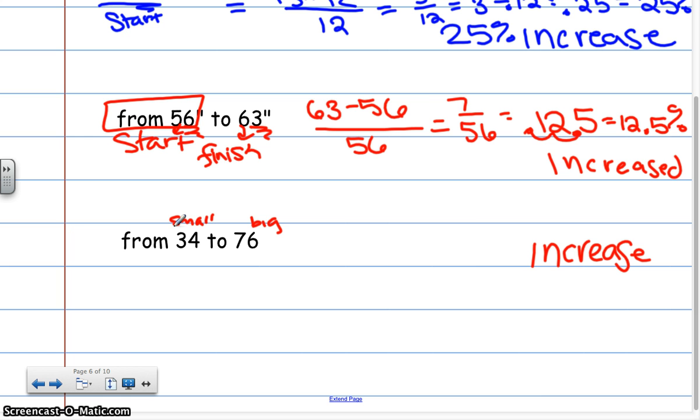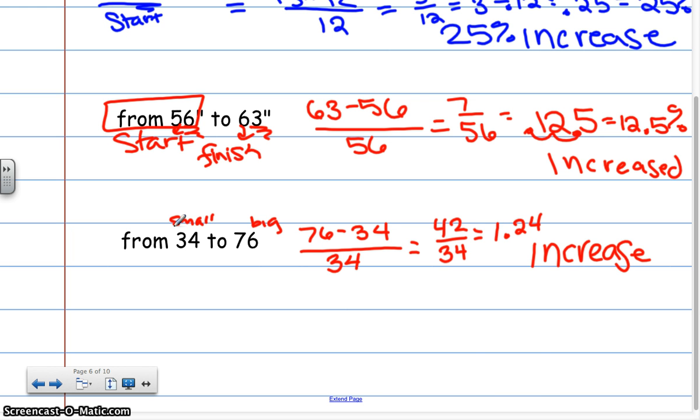Okay? Now I can do big number, take away the small number, all over my start. My starting number is 34. That turns into 42 over 34, which when rounded is 1.235, which the 5 says to scoot that 4.